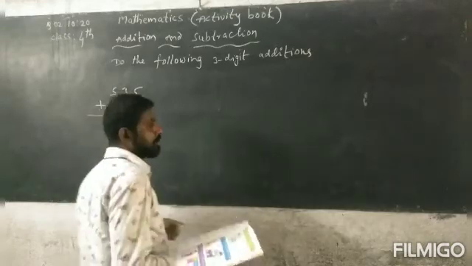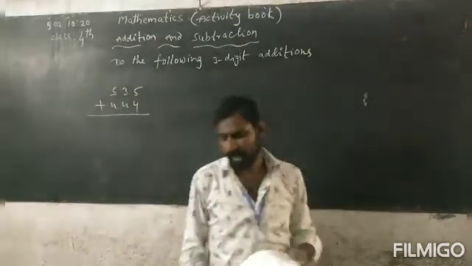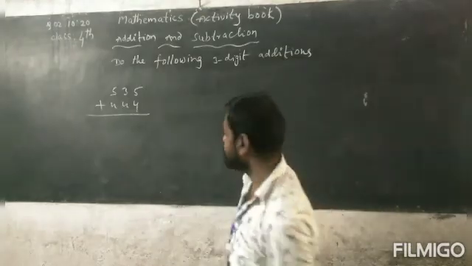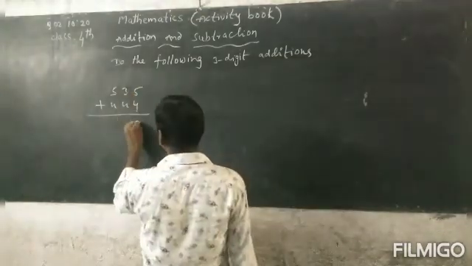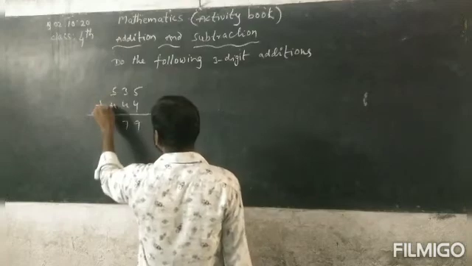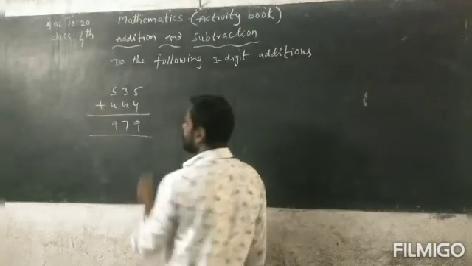First arrange the given numbers column-wise, and first we add the digits in ones place. 5 plus 4, 9, 3 plus 4, 7, 5 plus 4, 9. The sum is 979.